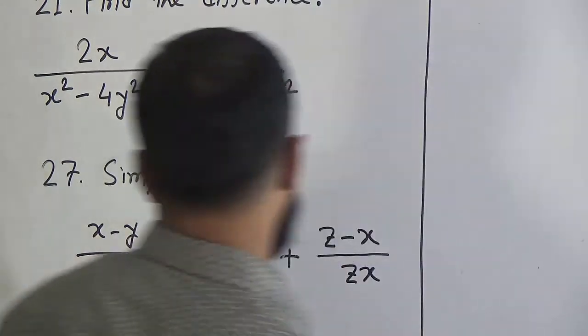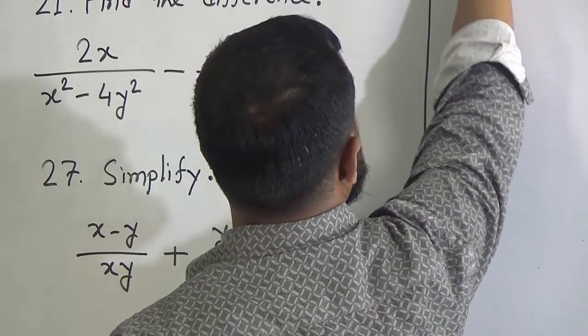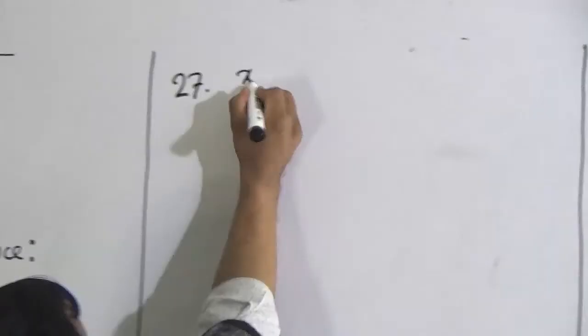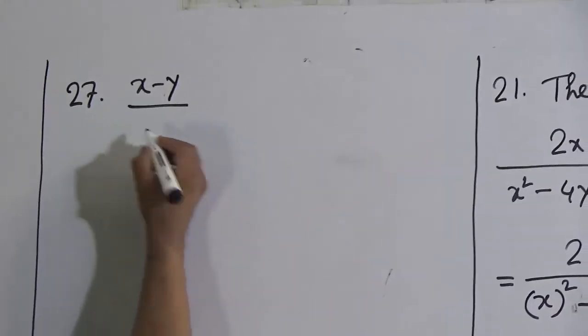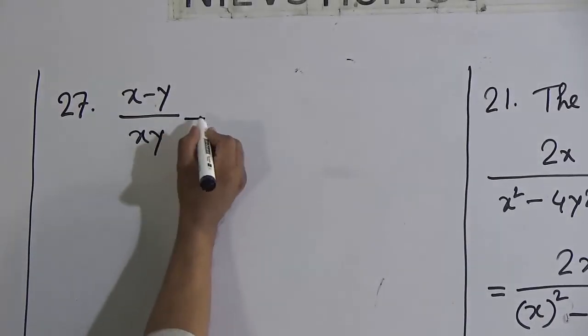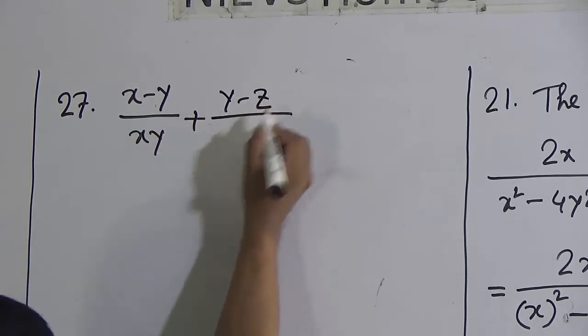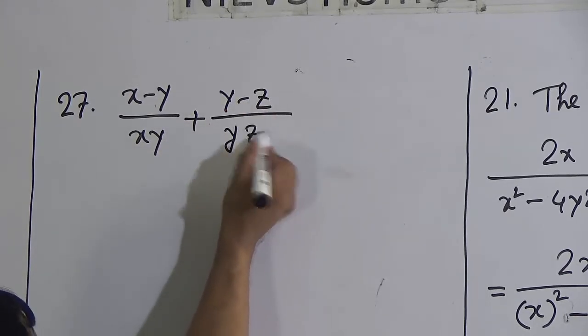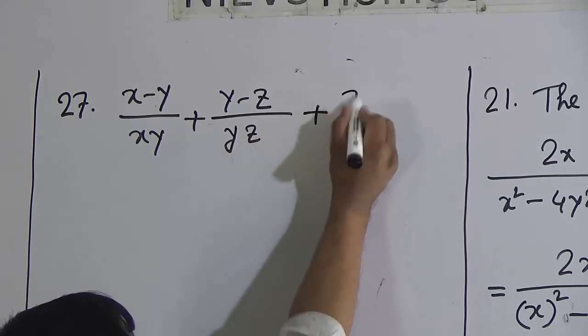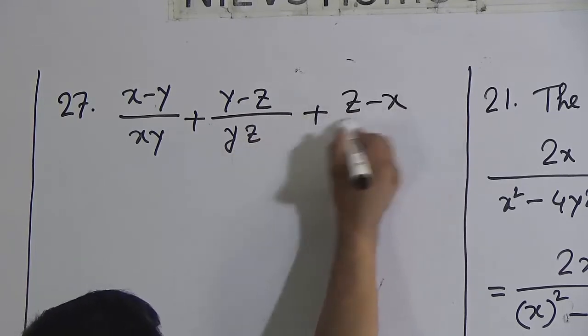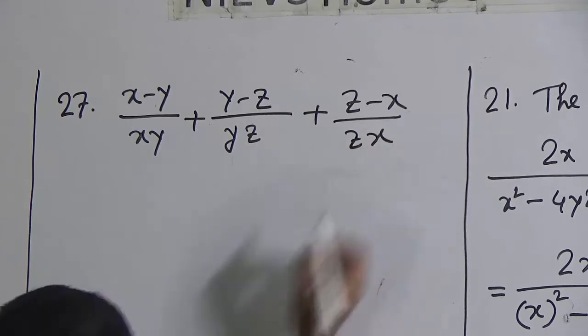The three terms are there. Okay, 27, I'm writing down directly: x minus y over xy plus y minus z over yz plus z minus x over zx.